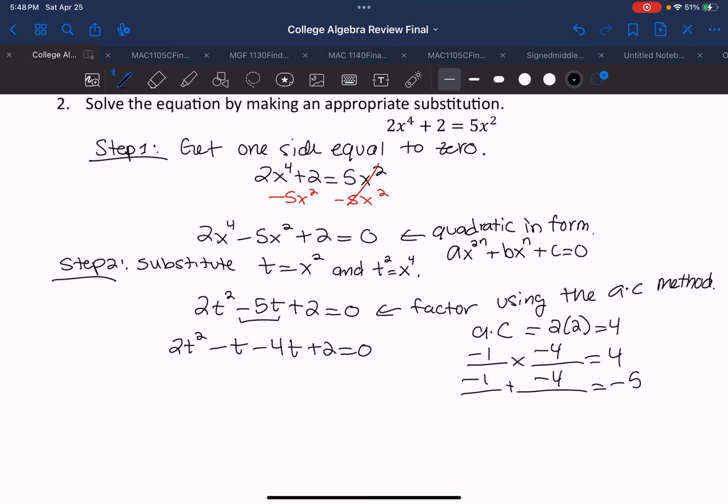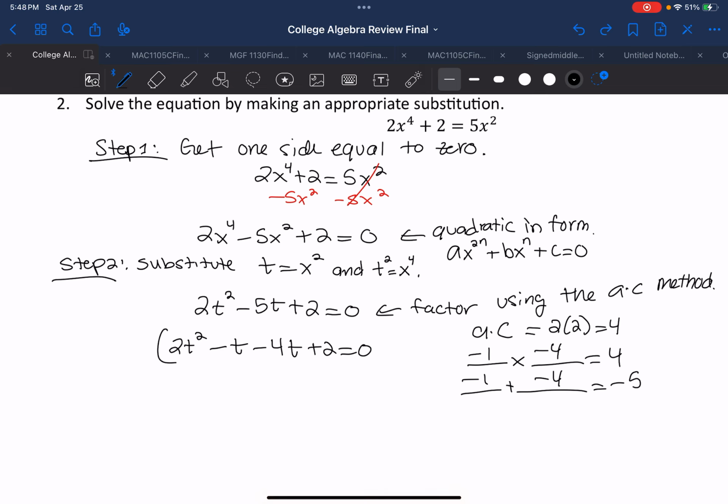So I replaced that middle term as a sum of two terms using those numbers I found as the coefficients. Negative t minus 4t is negative 5t. And now I will factor by grouping.